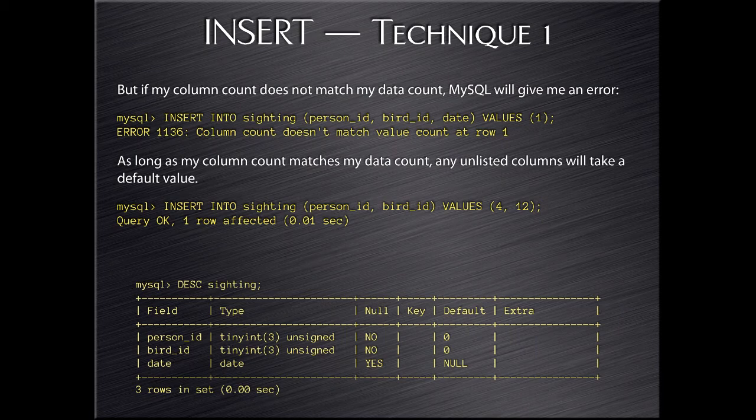Under the null column there it says yes, and under the default column it says null. So if I insert into citing person ID and bird, values 4 and 12, I am not inserting anything into the date column, and it will in fact be null in this circumstance. Now, had I defined the citing table differently so that date could not be null, then I would get an error. But because it is allowed to be null here, this insertion works just fine.